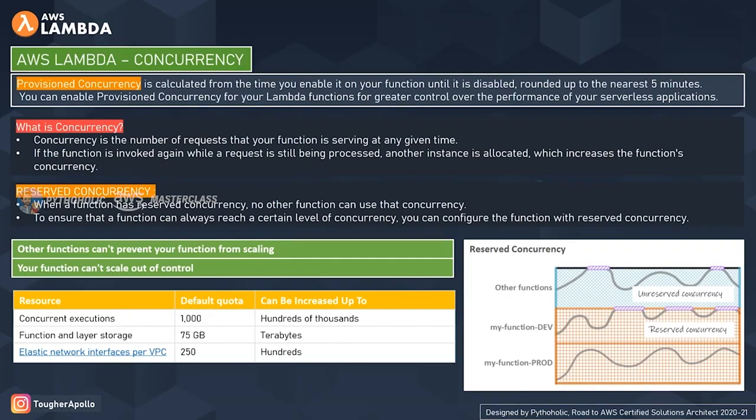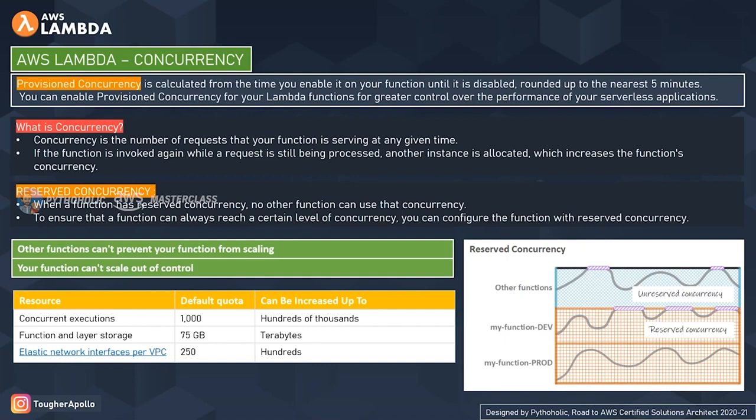You might want to ask me, what are the problems and what could be the advantages of using reserved concurrency? If you understand this concept clearly, all the functions in the same region without reserved concurrency share the pool of unreserved concurrency. Let's suppose you have a limit of 10. Then the whole 10 represents the value of unreserved concurrency.